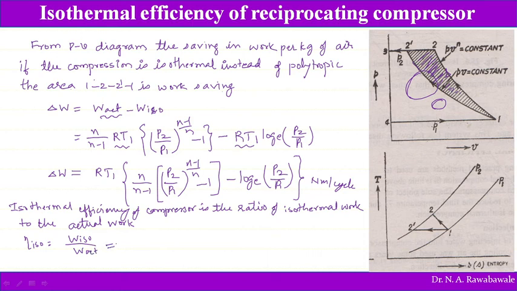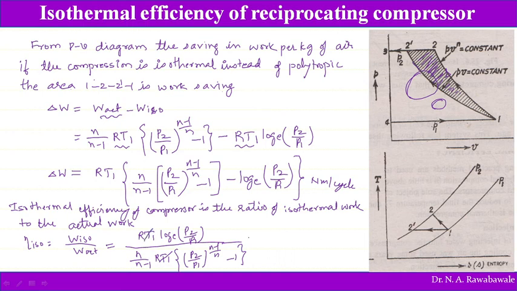So this is written as: isothermal work is RT1 log to the base e (P2 divided by P1), whole divided by N divided by N minus 1 RT1 in bracket (P2 divided by P1) to the power of (N minus 1) divided by N, minus 1, close this bracket.